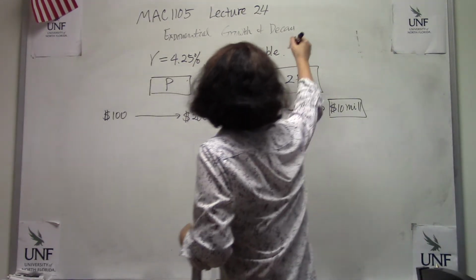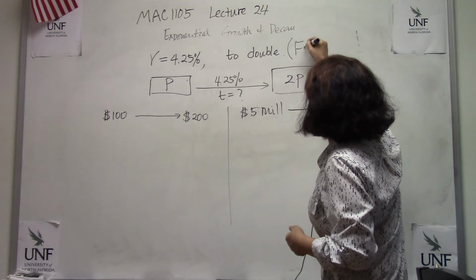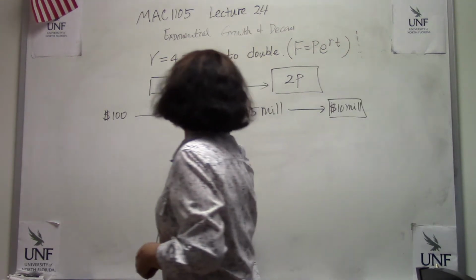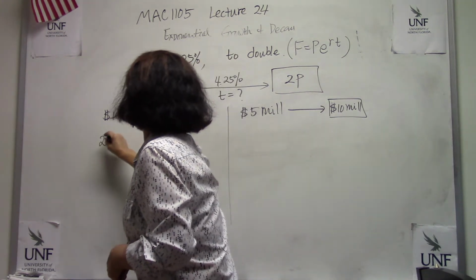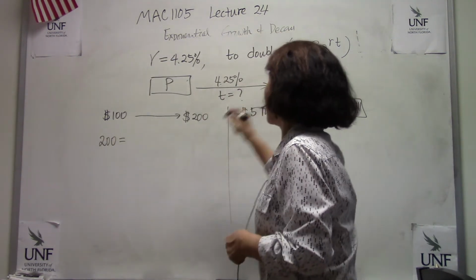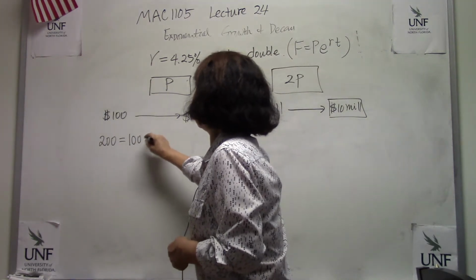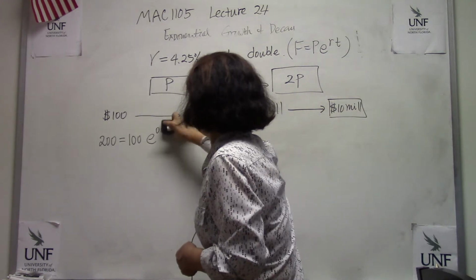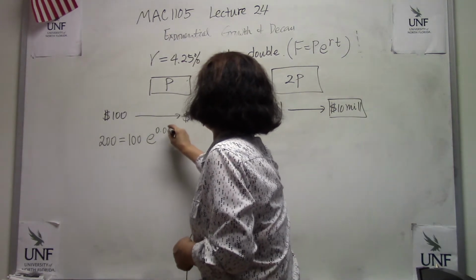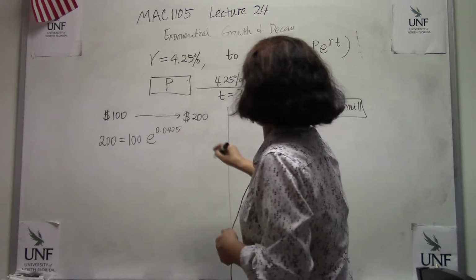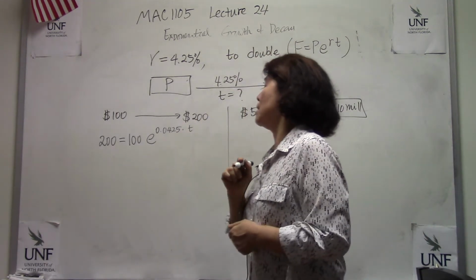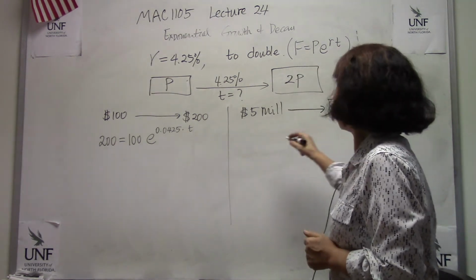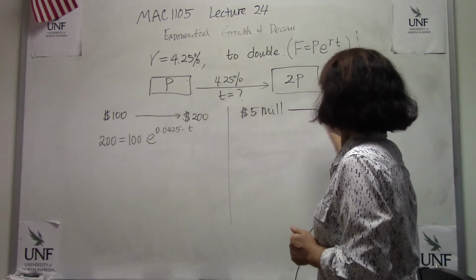So the equation we are going to use is F equals P times e to the RT. So let's see. F, future. In the future, you want to have $200. Right now you have $100. e to the R, the interest rate, is 0.0425 times T. We don't know T. We solve this equation and find the T. The other one is, yes, we want to have $10 million.